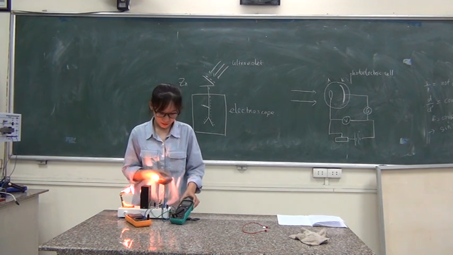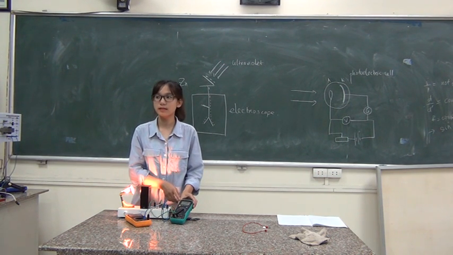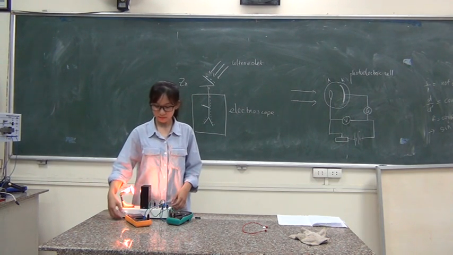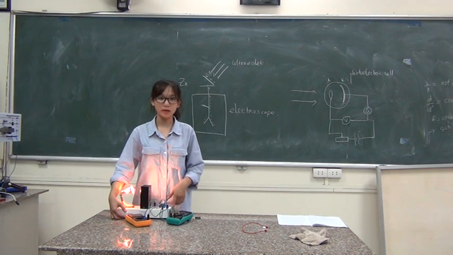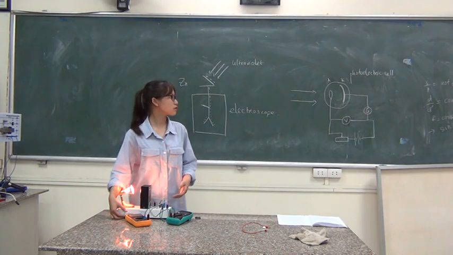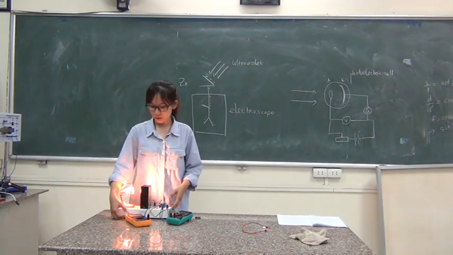And on the ammeter, you can see that the value of current is different from 0, so that makes sure that there is a current inside this one, and that also ensures that the photoelectric effect can happen when you shine a light in.